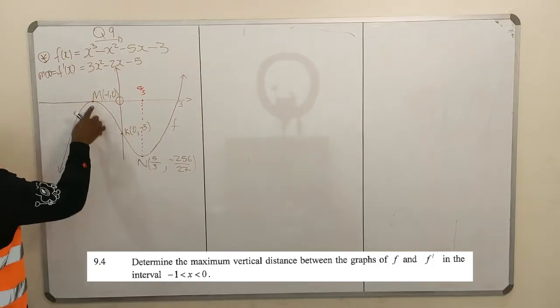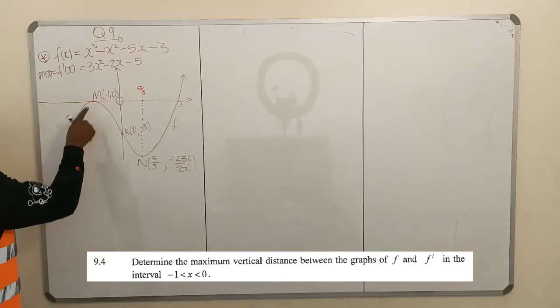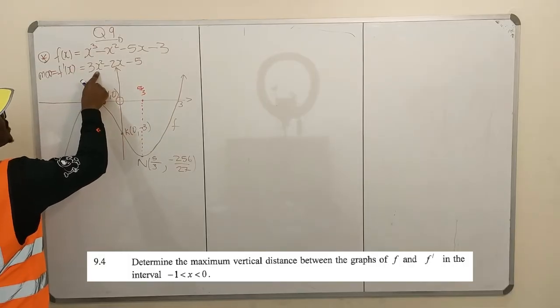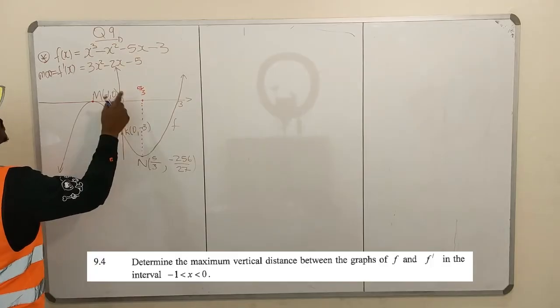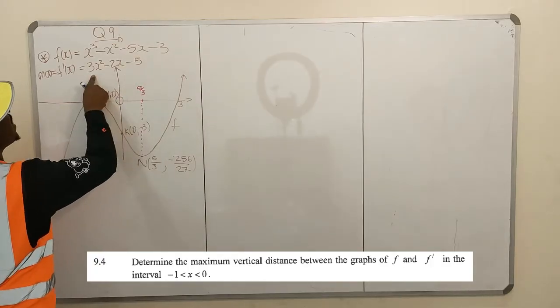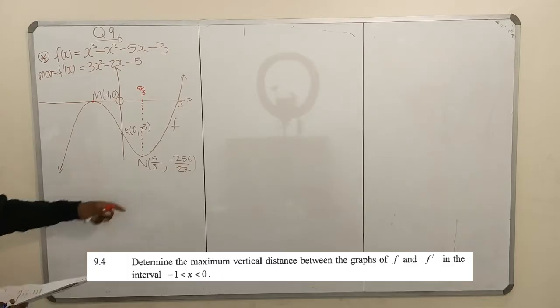So if you plot the gradient function here, if you equate it to 0, then what you will get are its x-intercepts, right? But its x-intercepts are the x-coordinates of the turning points, because you equate it to 0, which is a point where your gradients are 0. We did this one. We're going to find the coordinates of the turning point.